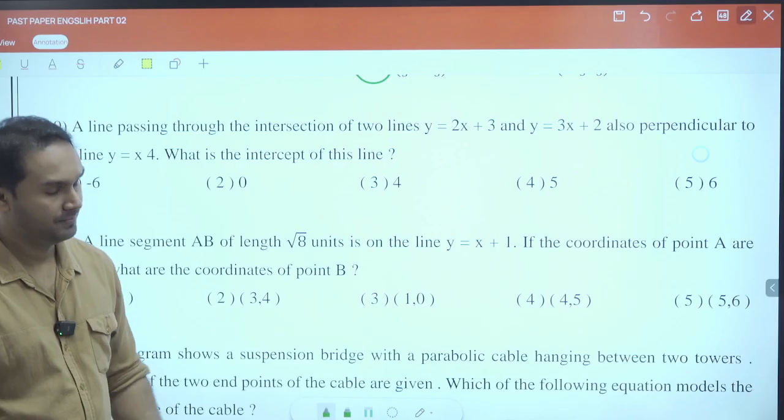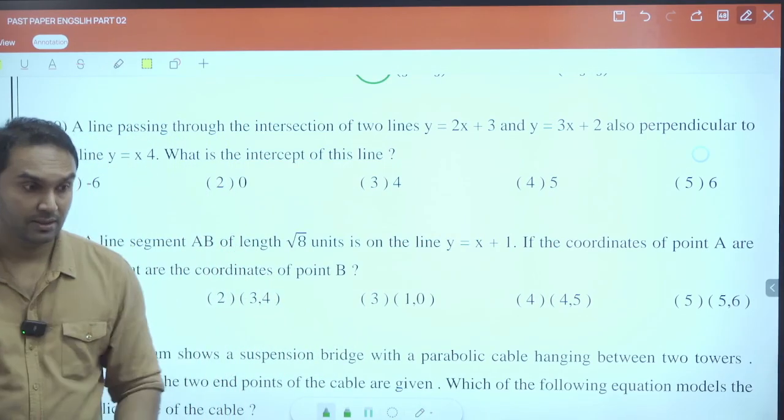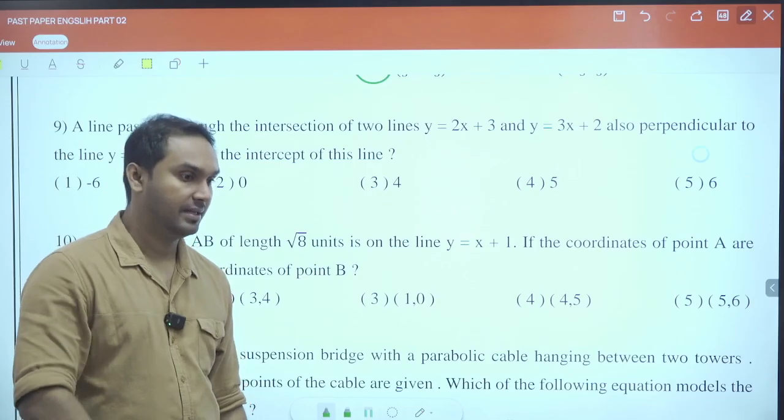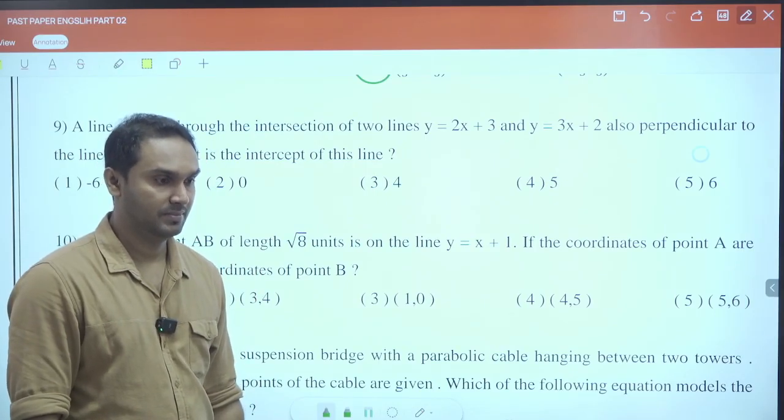Right. Now if you understand how to draw the sketch, that is 80% of the question.